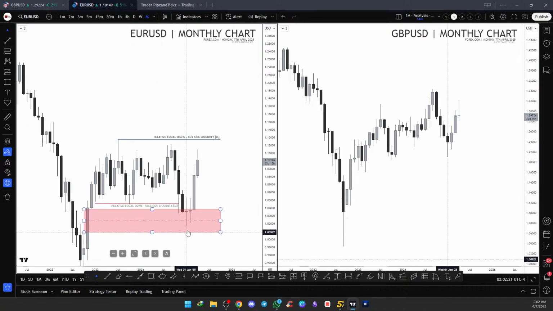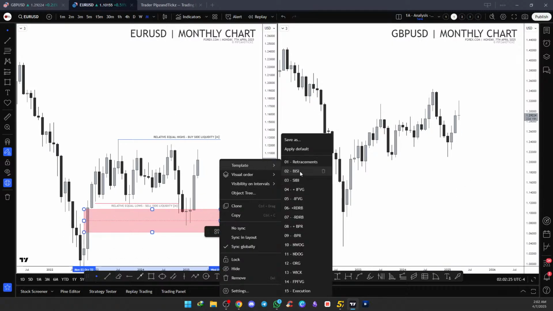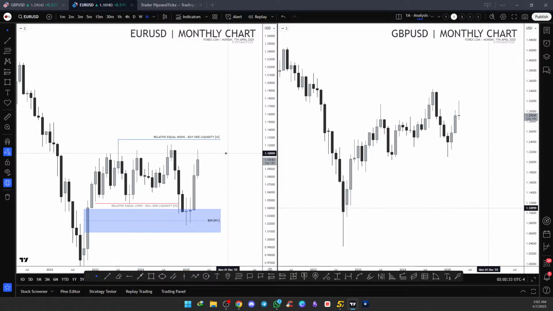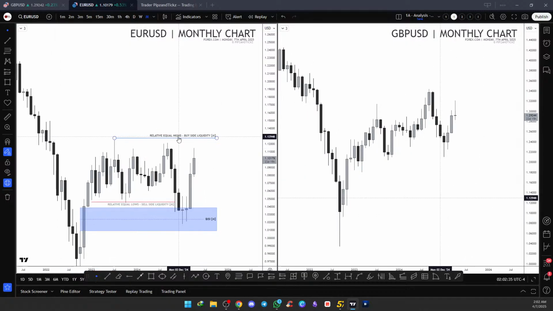This has been taken out. So price has tapped into this. We see in the monthly time frame. And now it is headed for these relative equal highs in the buy side.